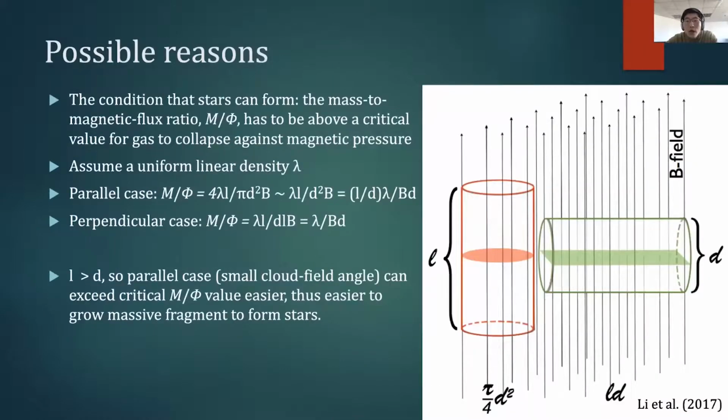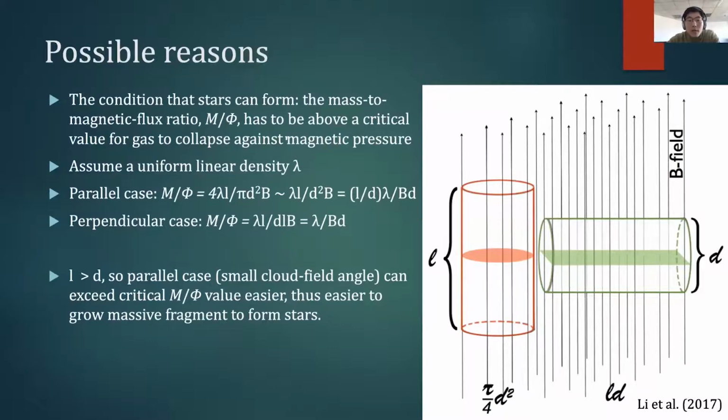Now, let's try to explain the result. The condition for stars to form is that the mass-to-magnetic-flux ratio has to be above a critical value for gas to collapse against magnetic pressure. Assume a uniform linear density lambda.